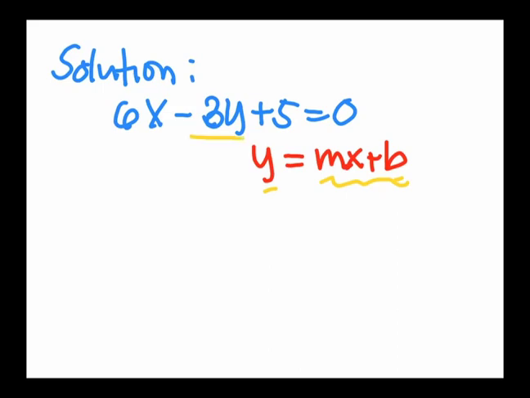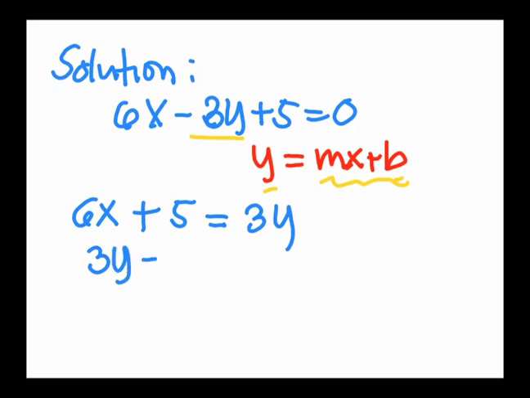So it will now become 6x plus 5 is equal to 3y. By the symmetric property of equations, of course, we can rewrite this equation as 3y is equal to 6x plus 5.